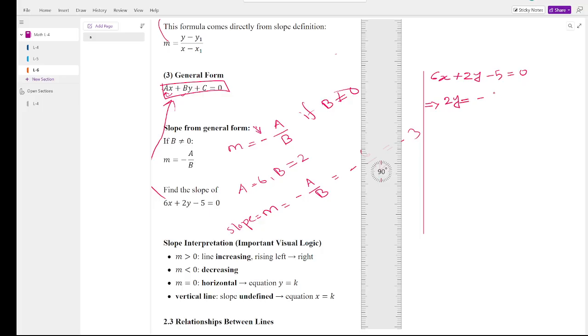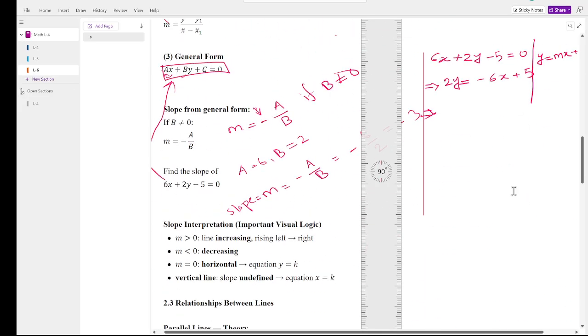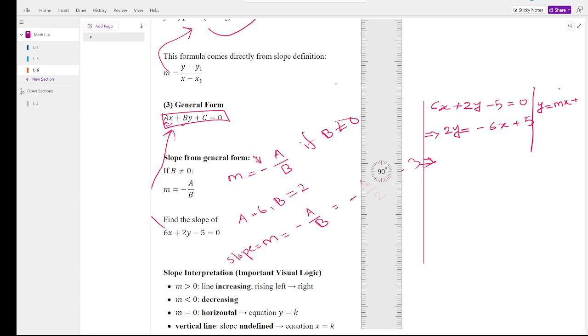So we can write 2y equal to minus 6x plus 5, and we can compare with the equation we learned already, y equal to mx plus c. So we need to keep y alone.